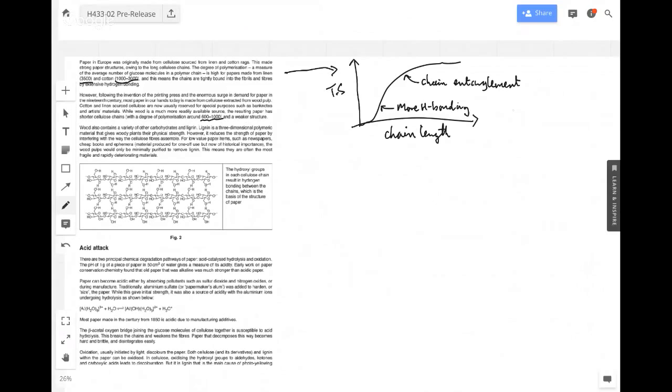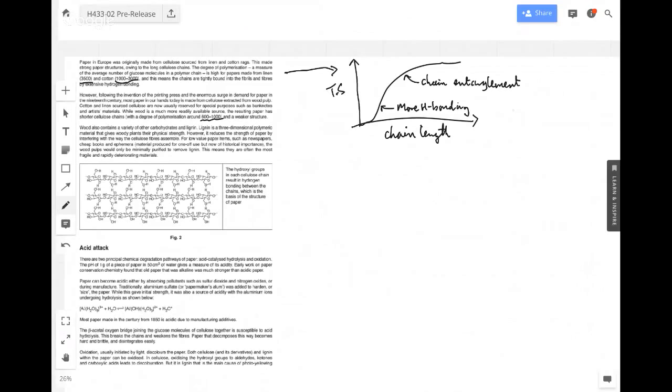It becomes really very difficult to untangle them, not because the attraction between the pieces of string is particularly strong, but because the chains are literally tangled up and you would have to very methodically untangle them to get them to pull apart. And that's what happens when you get very long polymer chains. They wrap around each other, get twisted together, and consequently they get entangled, and it makes the polymer stronger.